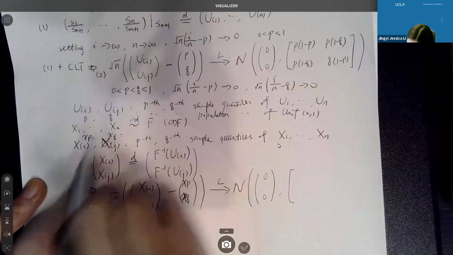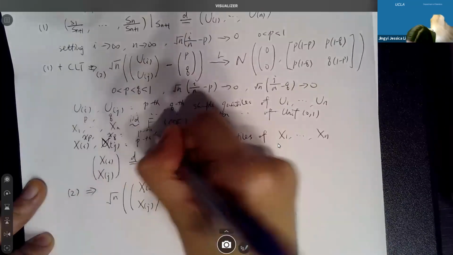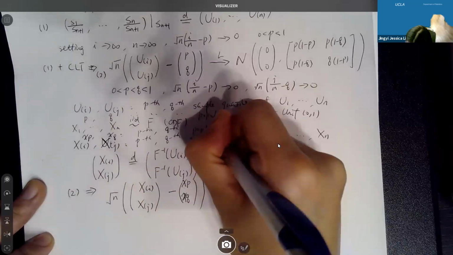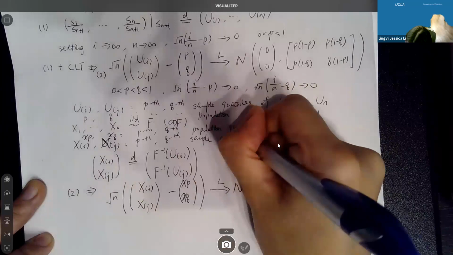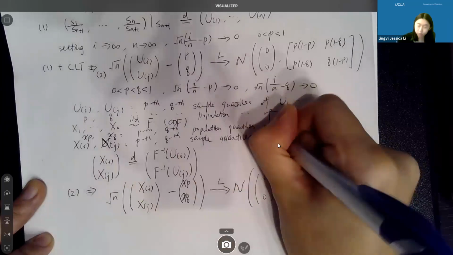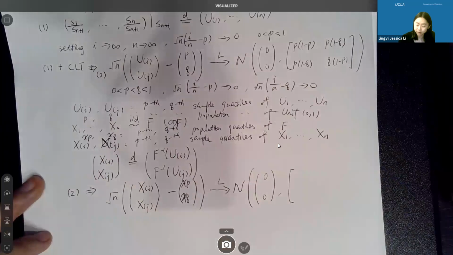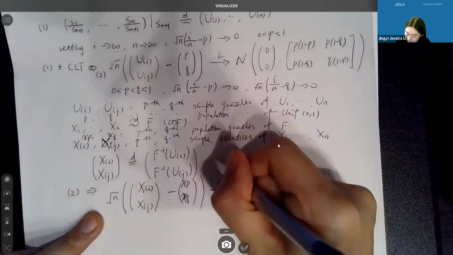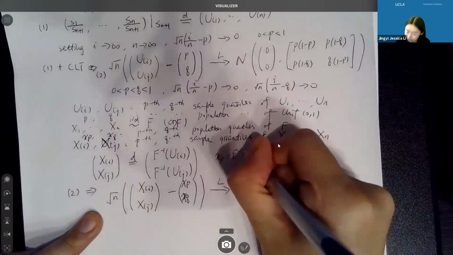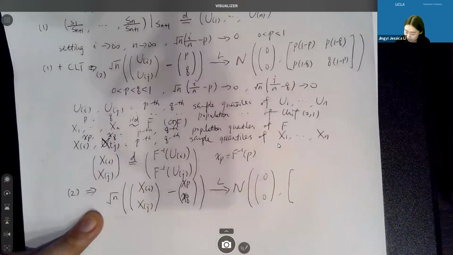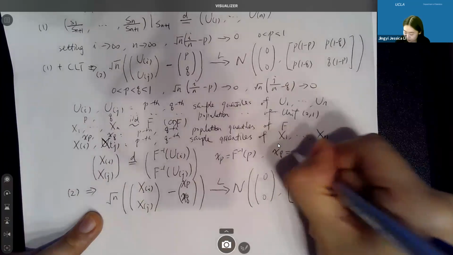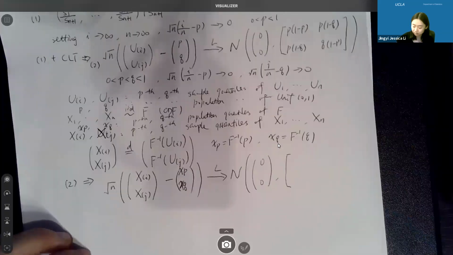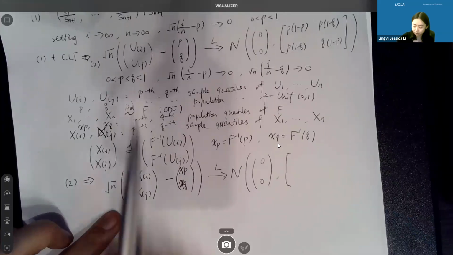These are the P's and Q's population quantiles of this F distribution. So correspondingly, you would have Xp as F inverse P. We can write the same thing, Xq as F inverse Q. So everything is connected. So that's why the delta method will give us this result from result 2.